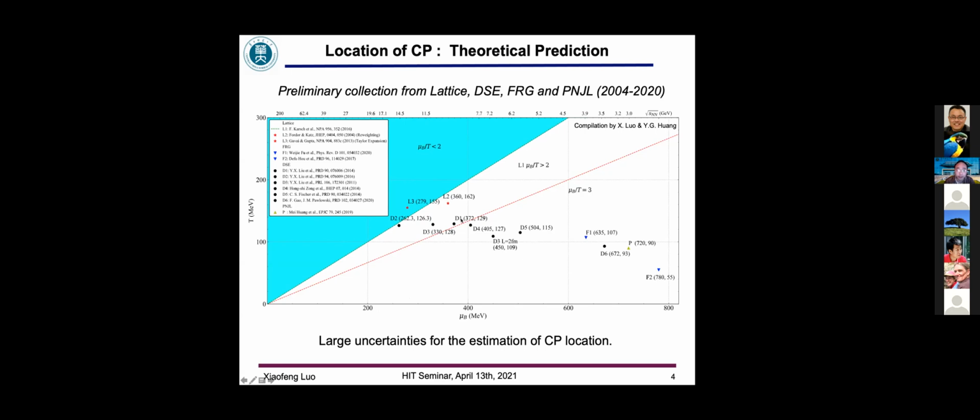The Dyson-Schwinger equation also has many estimations, but still with a large spread. But most recently, the Dyson-Schwinger equation has claimed a very precise determination of the critical point at around 617 MeV. But you can see from the different estimations, the uncertainty could still be large.